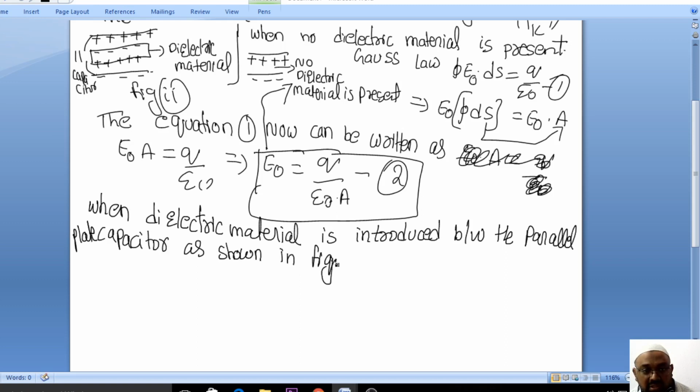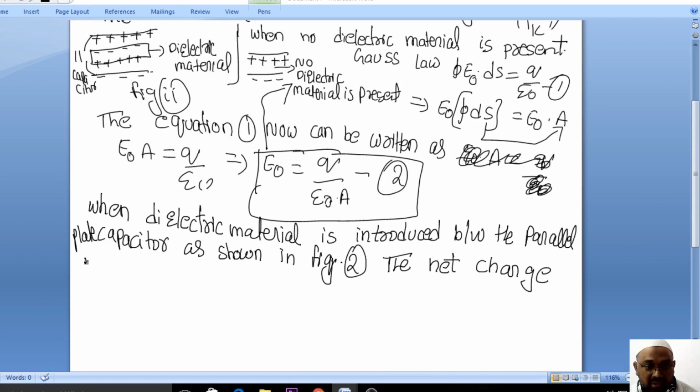In figure 2 you can see that when the capacitor is filled with dielectric material, what will happen to the net charge? Previously the charge was Q. Now what will the net charge be?